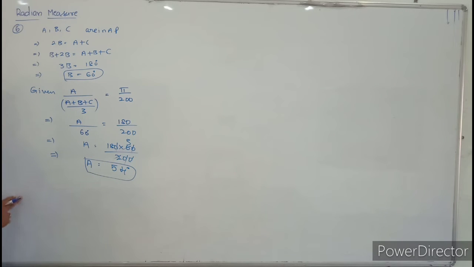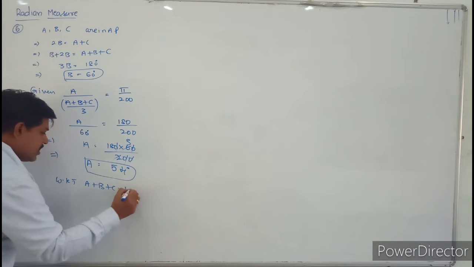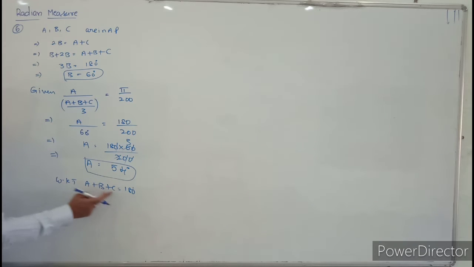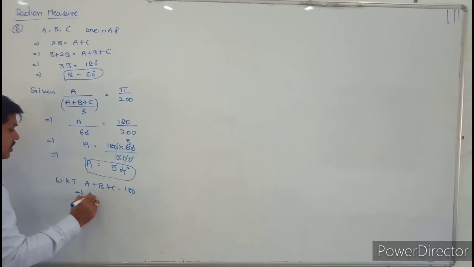Already you know that A plus B plus C is 180 degrees.